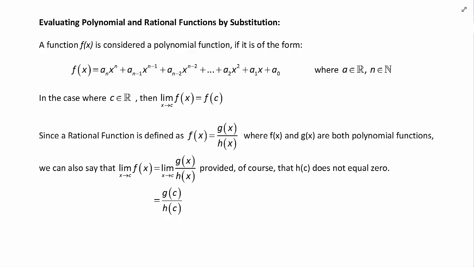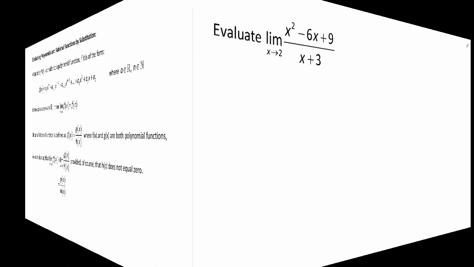And since a rational function is defined as f of x equal to g of x over h of x, where g and h are both polynomial functions, we can also say that the limit of f of x is equal to the limit of g of x over h of x, which of course follows our quotient rule from before, giving us simply g of c over h of c as the limit for f of x, provided, of course, that h of c does not equal 0.